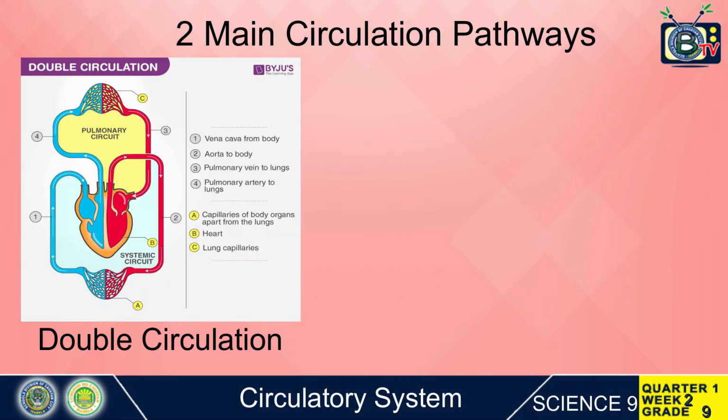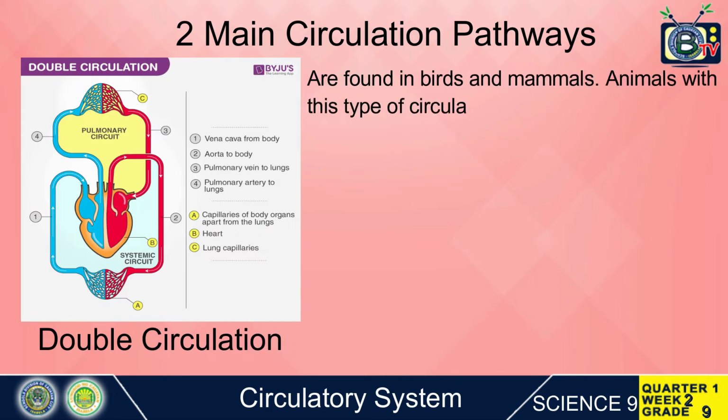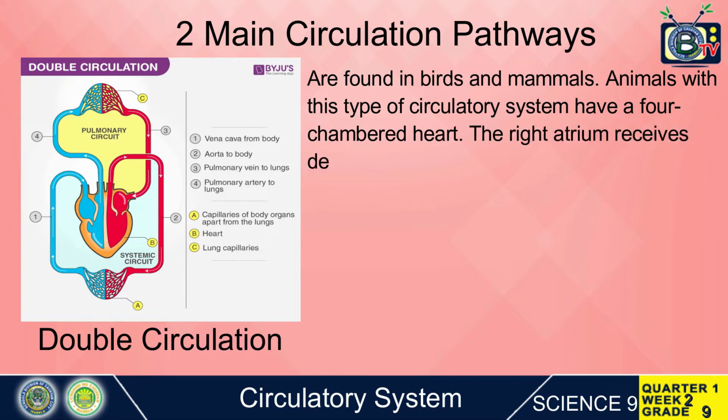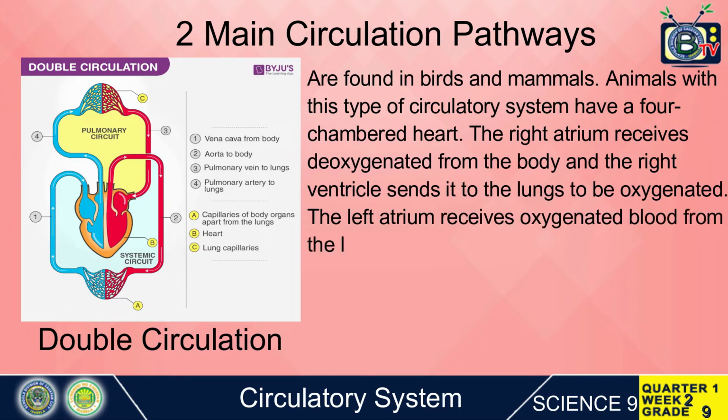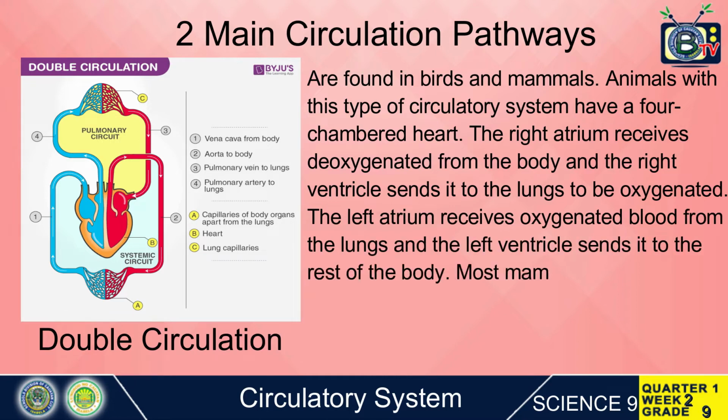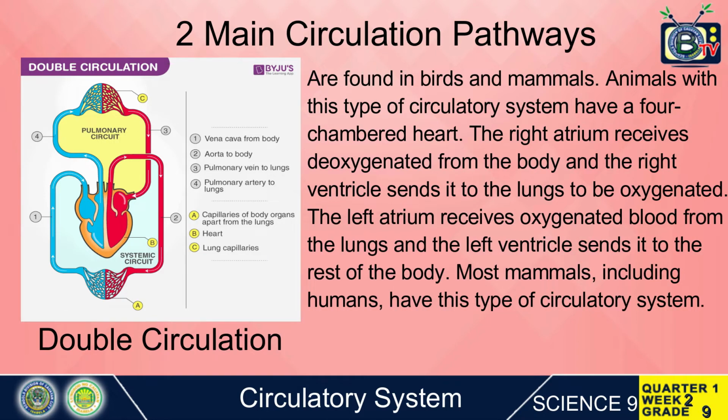Double circulation pathways are found in birds and mammals. Animals with this type of circulatory system have a four-chambered heart. The right atrium receives the deoxygenated blood from the body, and the right ventricle sends it to the lungs to be oxygenated.